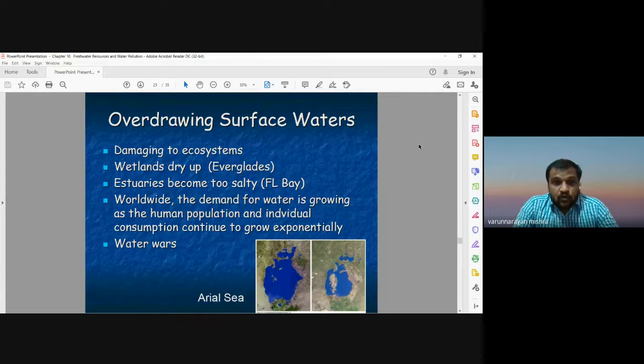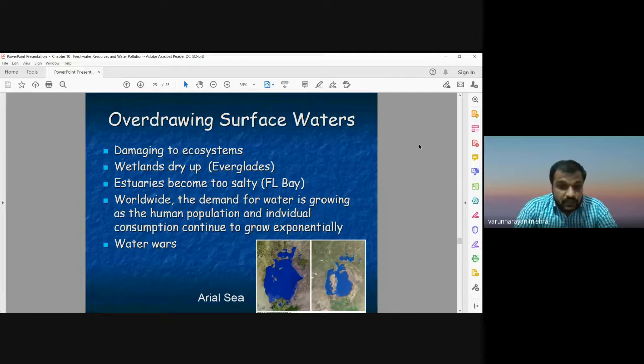There is overdrawing of the surface water that can damage the ecosystem of that area. That may be problematic for different habitats, for the life of different animals, different other creatures, different other organisms in that area.